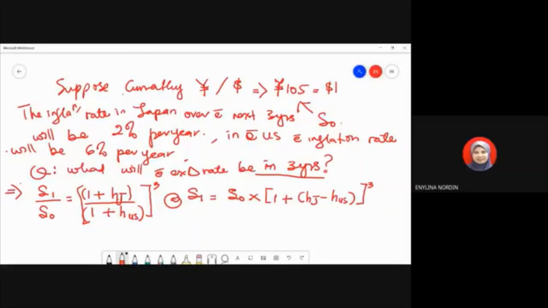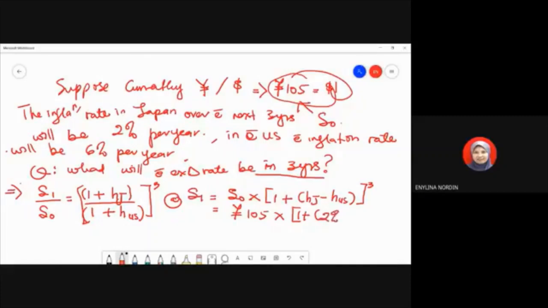So if you are using this one, straight away you can determine S0. Like I said just now, this is the current exchange rate, which is yen 105, and then you multiply by, just follow the formula, 1 plus inflation rate in Japan, which is 2%, or maybe you can put 0.02, it's up to you.